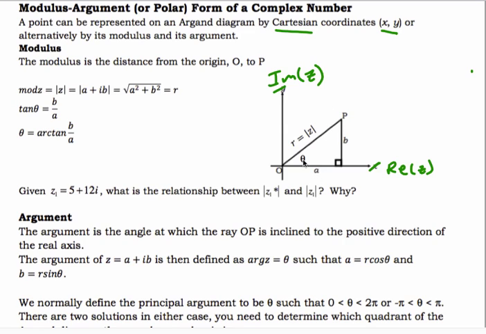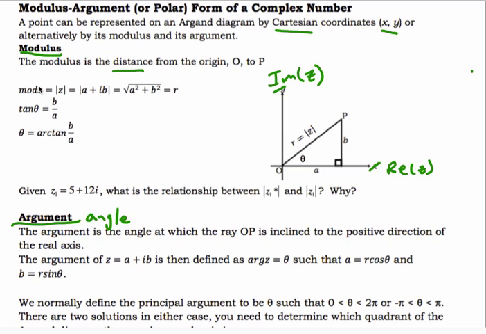So we can also plot a complex number just based on the angle here, okay, which is called the argument, is the angle that the complex number makes with the x-axis or the real axis. And this distance right here, okay, this distance is called the modulus. Okay, that is the distance from the origin to the complex point P.